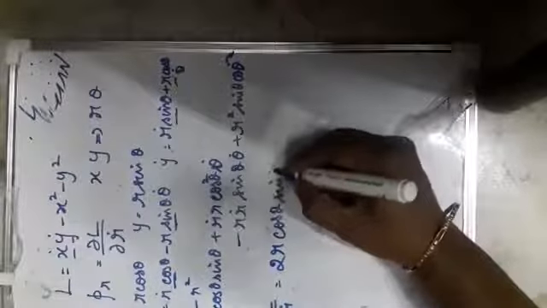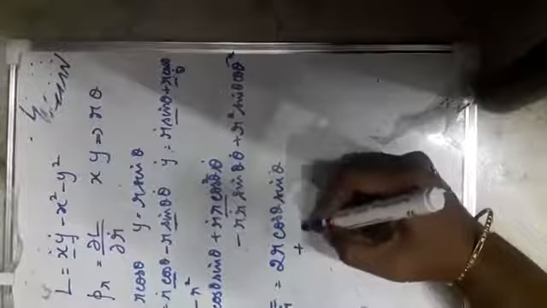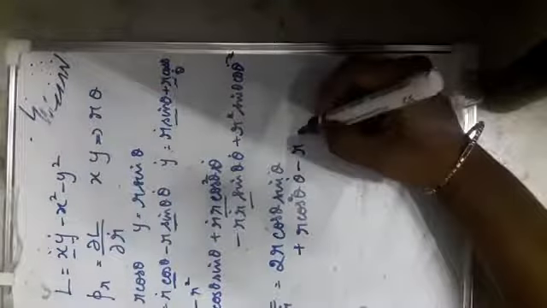So P_r, the canonical momentum, we get ∂L/∂r dot. Differentiating L with respect to r dot we get 2 r dot cos theta sin theta. Differentiating the second term, plus r cos square theta theta dot, minus, differentiating the third term, r sin square theta theta dot.